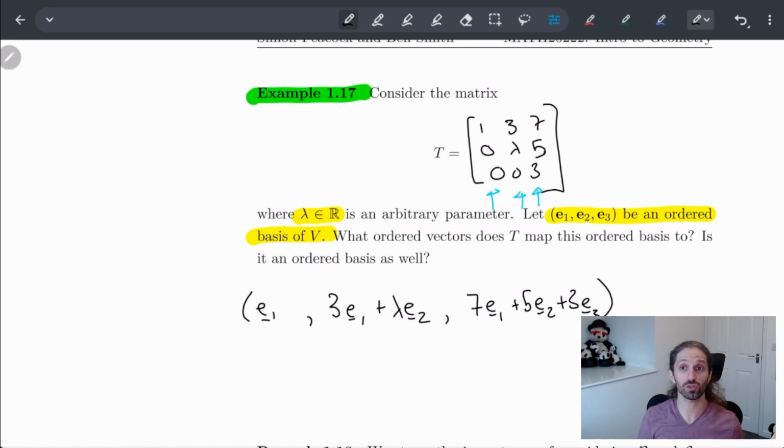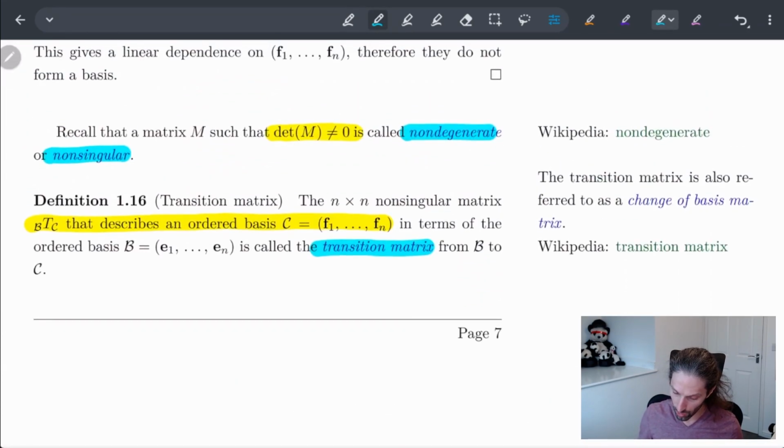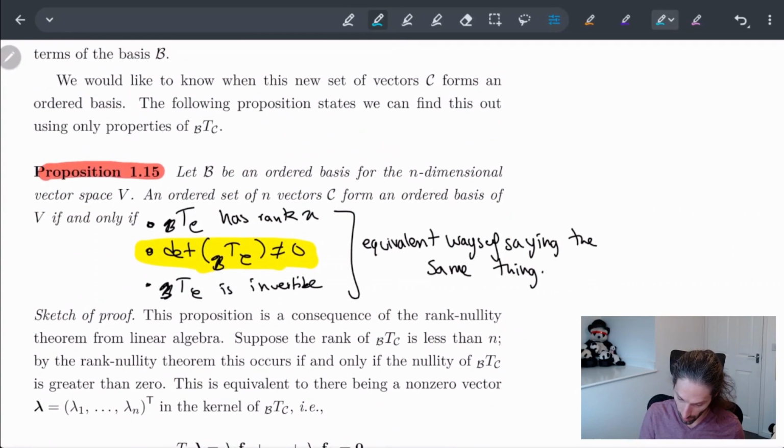So this sends us to this set of 3 vectors, but I don't actually know if this is a basis yet, and the reason is this lambda. What is this lambda? Here we're going to use our proposition. Proposition 1.15 says this is an ordered basis if and only if one of these 3 things holds.